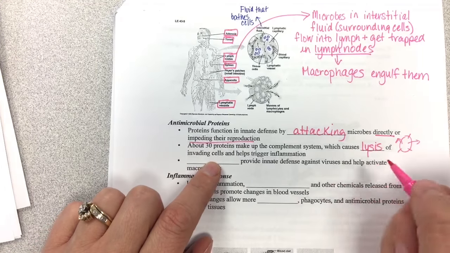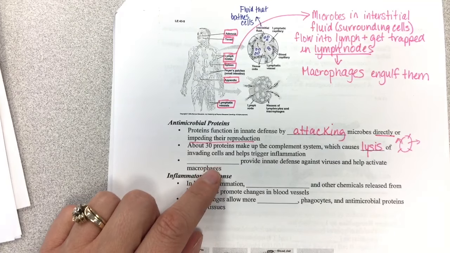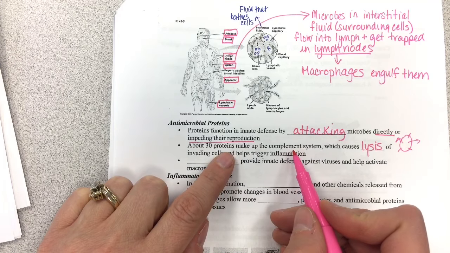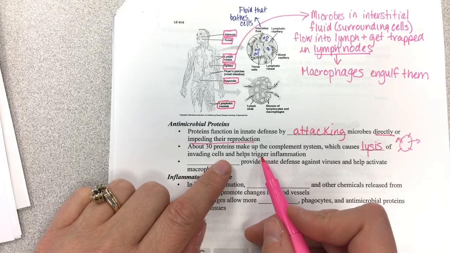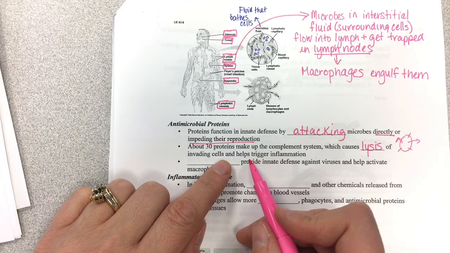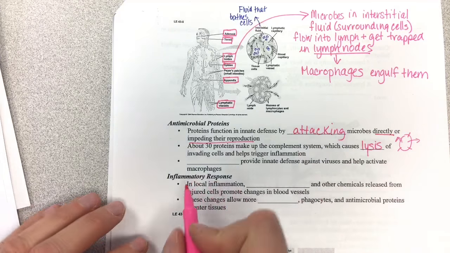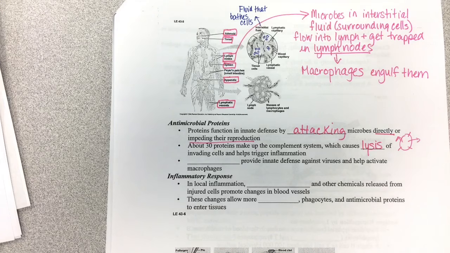Lysis would be when a red blood cell gets put in a hypertonic solution and ends up exploding. So the complement system can cause this to happen and kill the invading cells. If they kill them, then they will not invade our cells.